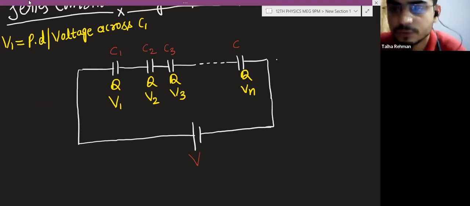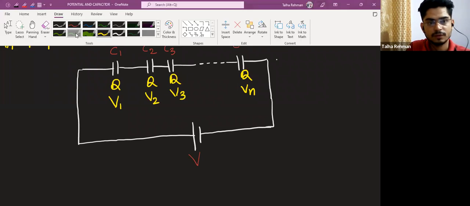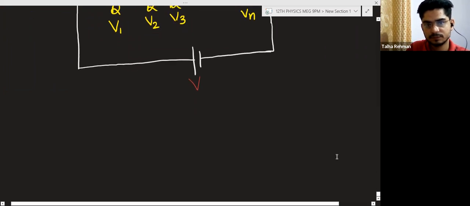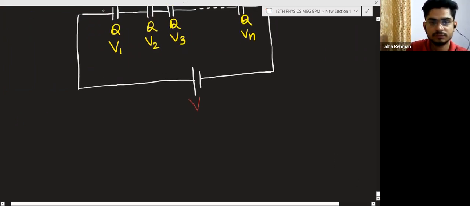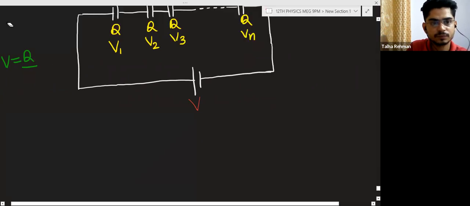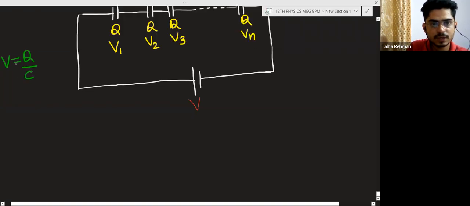Now what we will do, you can tell this very easily. We have a formula of potential: V is equal to Q by C. What is V here?